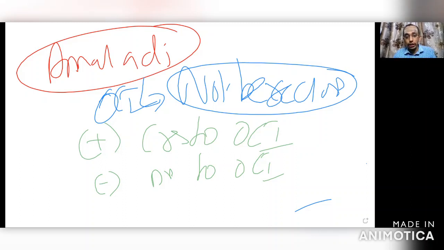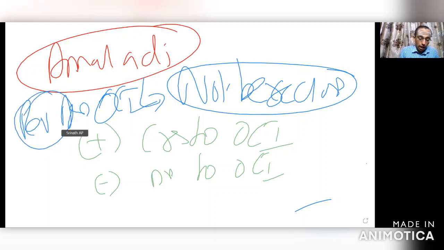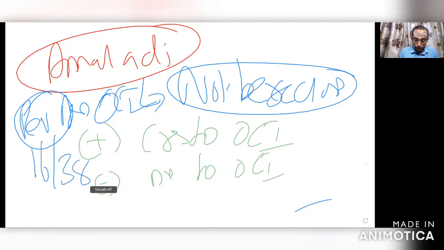Now, in this context, friends, you need to ensure that there are adjustments in OCI which you should not do. First, if in OCI there is a revaluation of any asset as per INDAS 16 or 38.